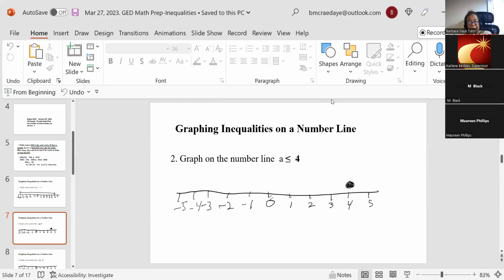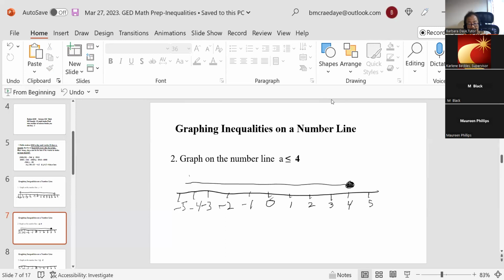A is less than or equal to 4. That means the value is 4 or it's less than 4. So which way do I go? Right to left or left to right, Mercedes? You go left. Yeah, go to the left, right? All these numbers are less than 4.